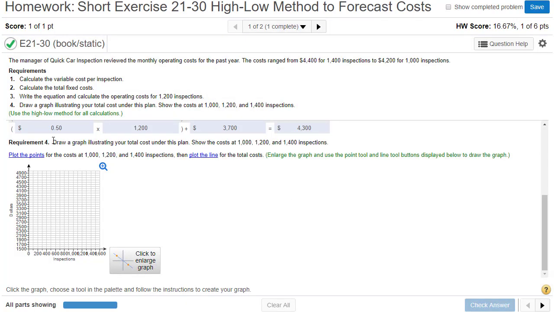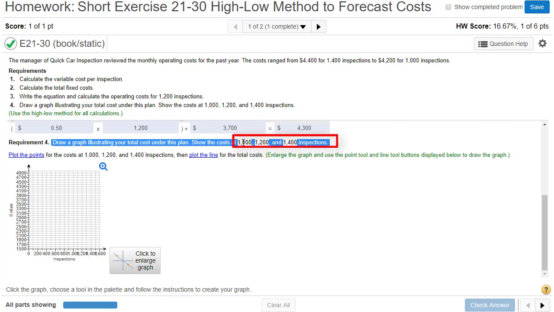Now, they want us to draw a graph illustrating the total cost under this plan using inspection numbers of 1,000, 1,200, and 1,400 inspections. So we're going to plot those points and then draw the simple graph line.